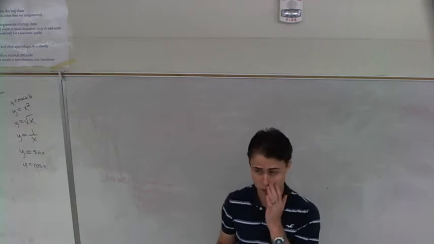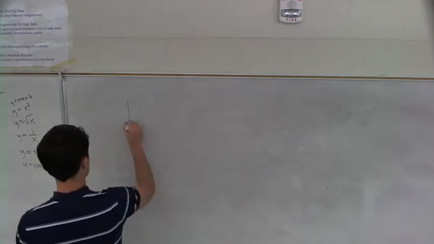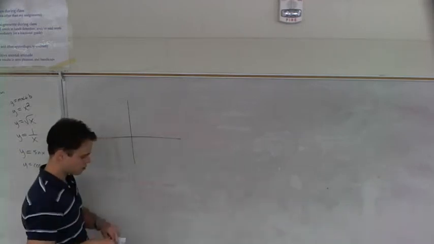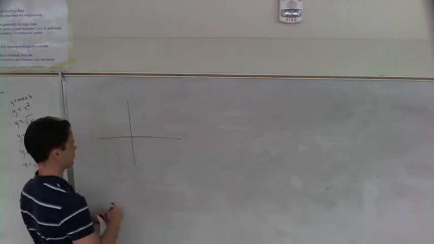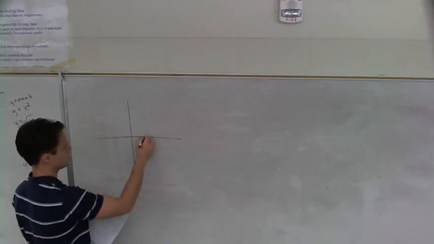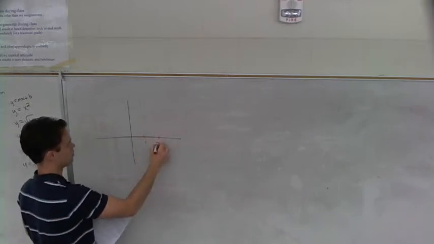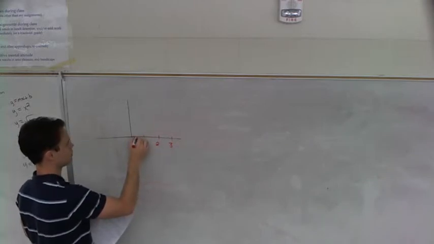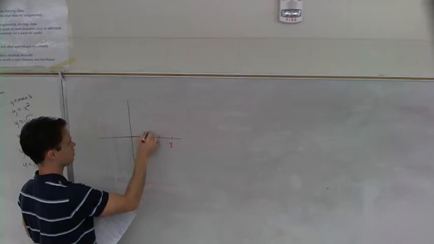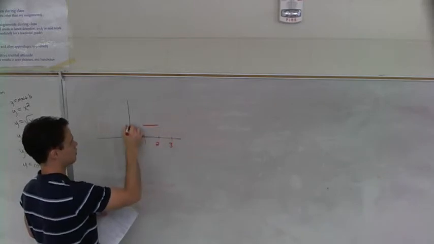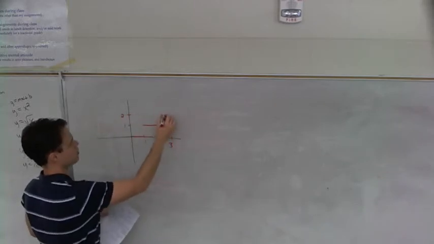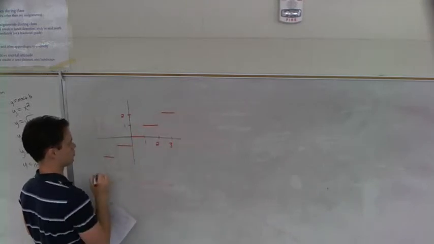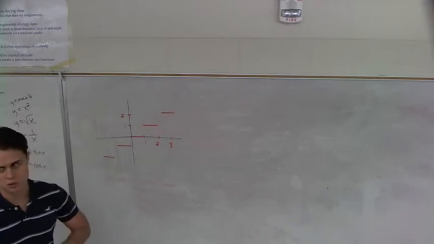I'm just going to go ahead and show you the picture. Okay? So here's what the greatest integer function looks like. It's like a sequence of pieces, just continuous. Yeah, and it just continues.